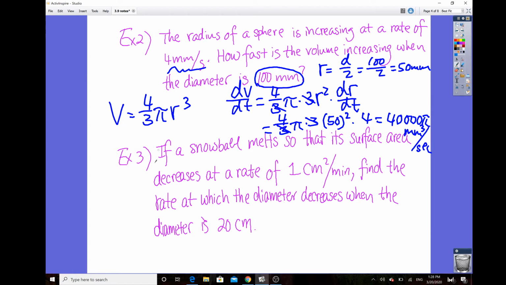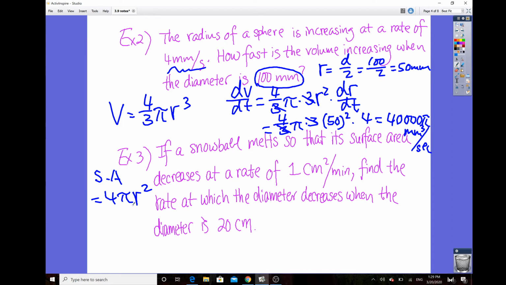The surface area of a sphere is 4 pi r squared. And the interesting fact is that if you start with the volume of a sphere and take the derivative with respect to r, you'll get 4 pi r squared.